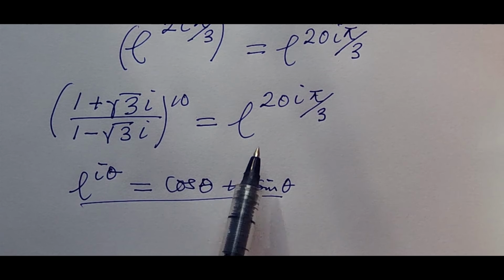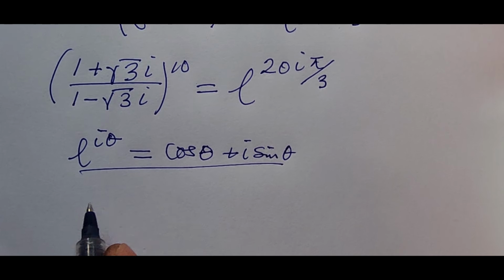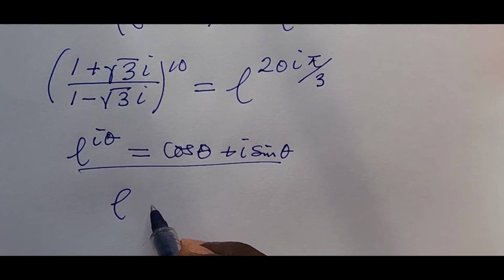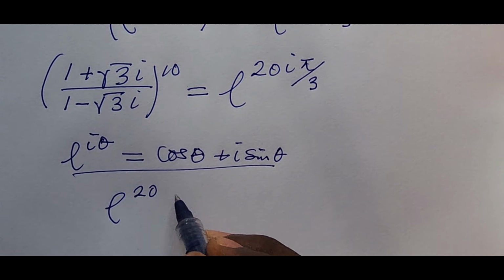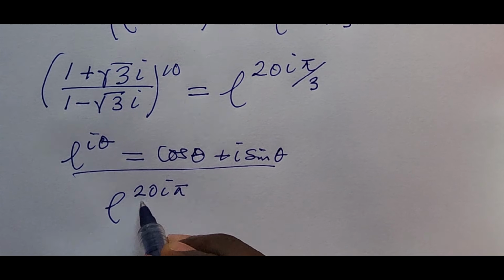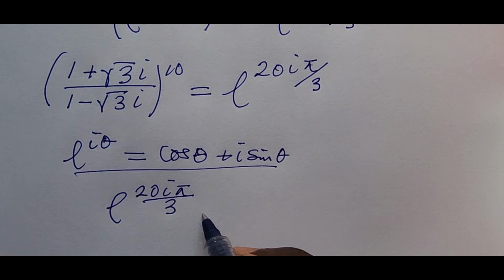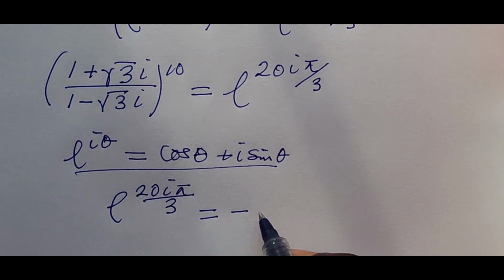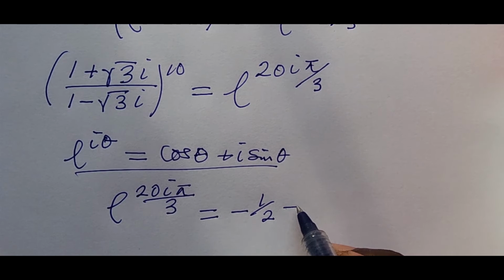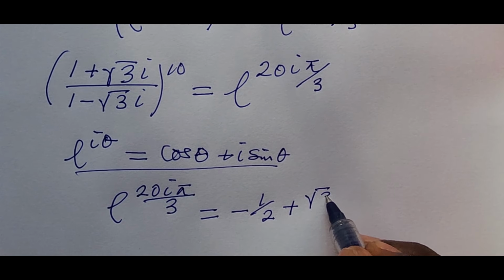If we apply this to this expression, we're going to come up with e all raised to the power of 20 iota pi all over 3. This is equal to minus 1 all over 2 plus the square root of 3 all over 2 iota.